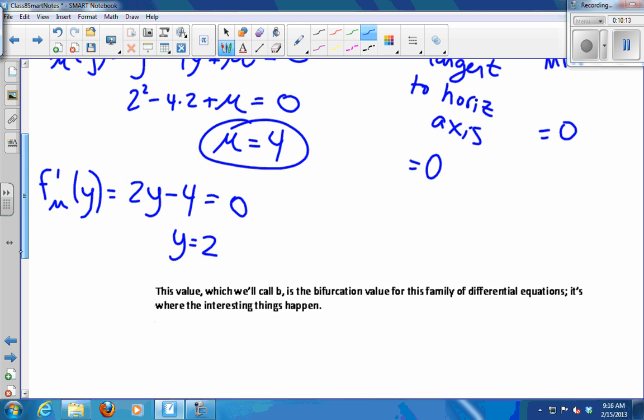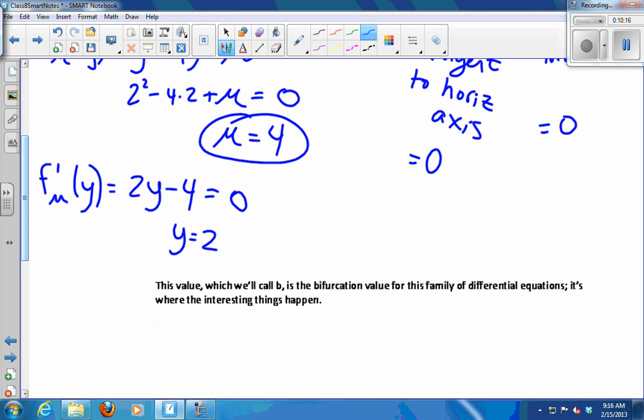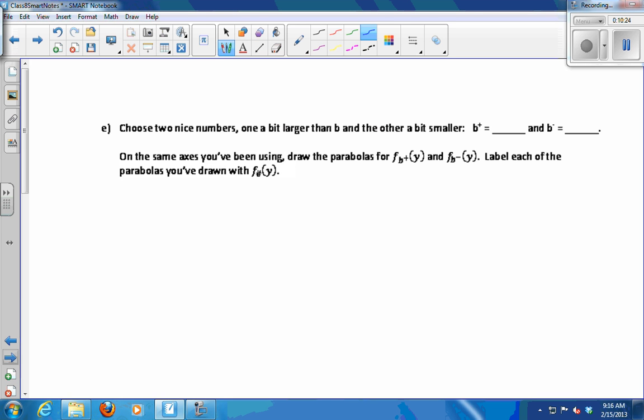All right, so we're going to call this value mu equals 4, call it b for the bifurcation value. It's where interesting things happen. You can do it with a maximum as well, yep. Then there will not be a bifurcation value.